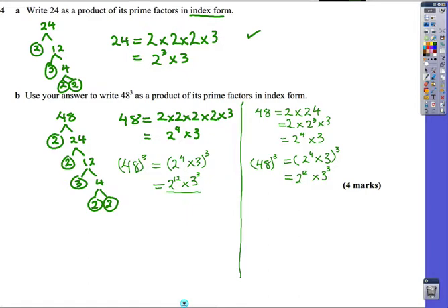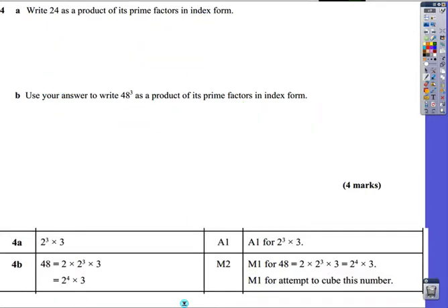And that's question 4. For 4a, you would get 1 mark just for the power. It needs to be accurate, no method marks. And for B, they used the same method, so they knew that is 2 times 24, and this is the product of prime factors of 24, and they've said that 48 is 2 to the power of 4 times 3, so you get a method mark there.